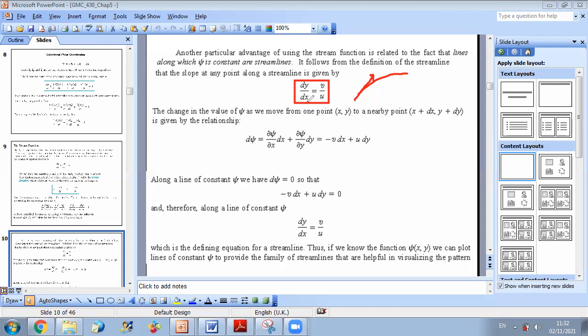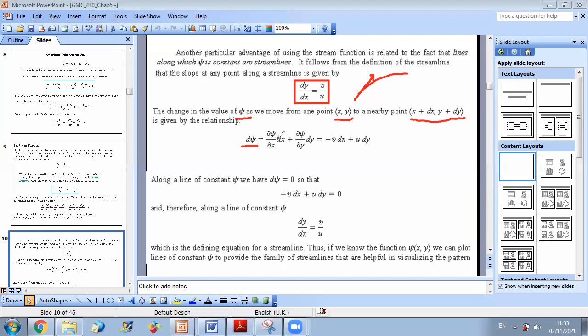Now, if we want to express the change of value of the psi function when we move from a point x, y to another point x plus dx, y plus dy, you know that when you have a function of several variables and you want to find d of the variable, you should consider the partial derivatives with respect to all variables.